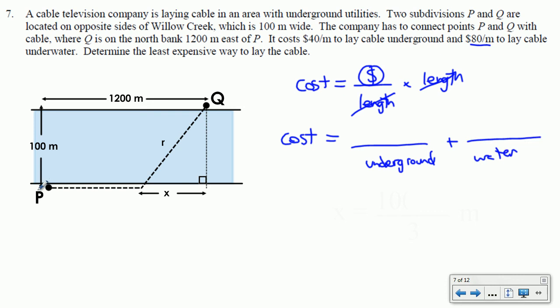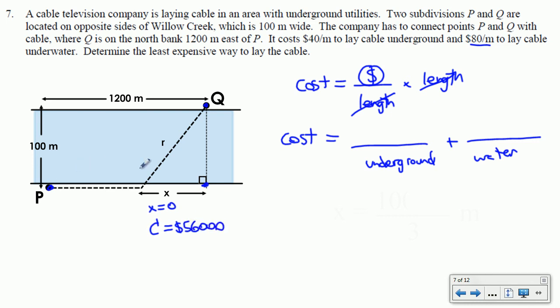I will tell you also that whatever value you come up with for the cost should be less than this path. So if you go all the way here underground and then go straight across, that would be the solution when x equals 0. The cost would be around $56,000.